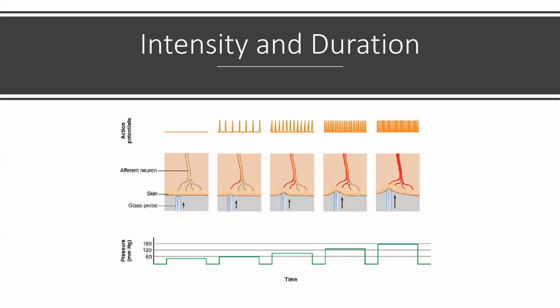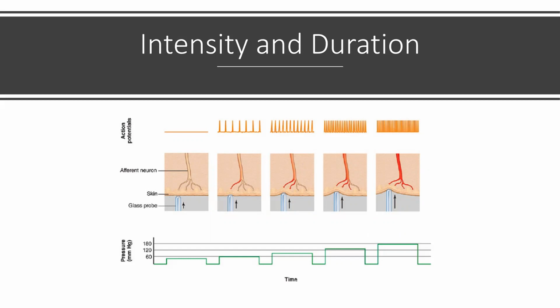But gradually, the receptor on the skin overlying that stimulus will adapt to the sensation of pressure, and that adaptation will lead to a decrease in firing. And gradually, that sensation will decay over time, and then you will no longer feel that stimulus.